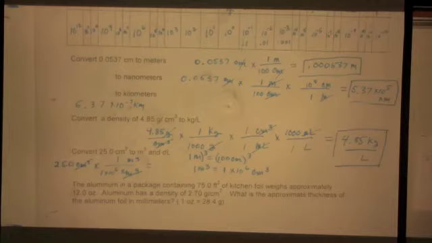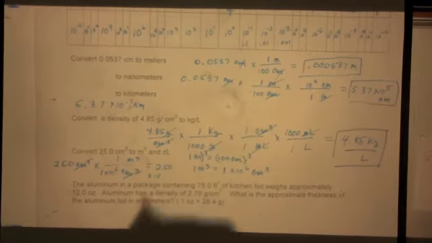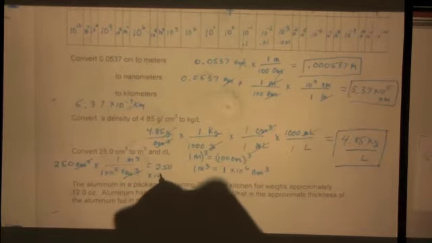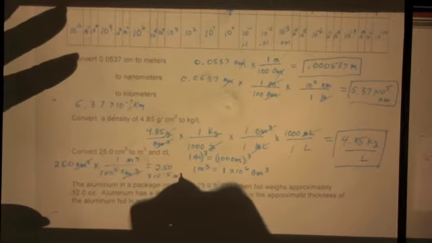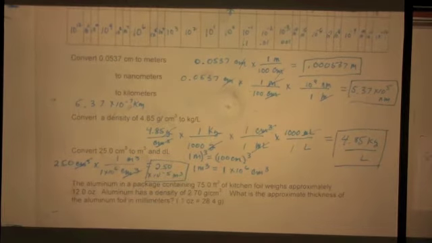This time you're dividing, so your decimal point gets moved 6 places to the left. And when I did it, I came out with 2.50, don't want to lose those sig figs, times 10 to the negative 5th. And then the unit is meters cubed. And again, like a good chemistry student, I box in my answer. Okay.